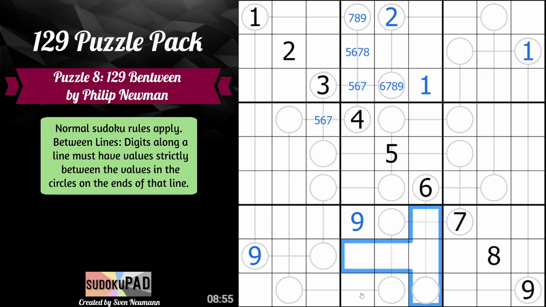8 is limited. Well, let's just do our pencil marking, sorry. Let's just do the pencil marking. 5, 6, 7. Let's finish the pencil marking here. 6, 7, 8, 9. All right? Then we'll do this pencil marking here. If this is 2, then obviously double 1 doesn't work. So this is 3, 4, 5. This is also 3, 4, 5. 3, 4, 5.